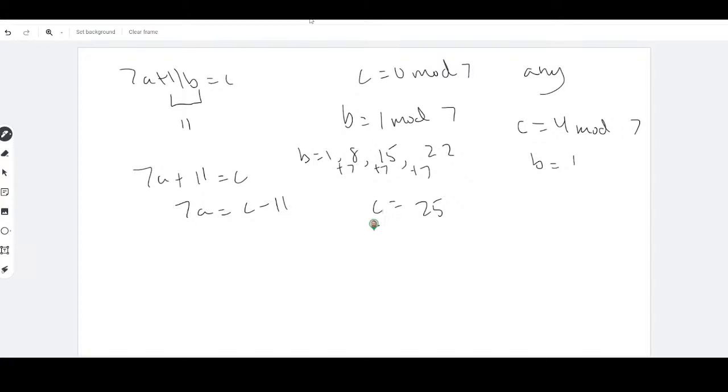If c was equal to 4, then we have 4 minus 11 on this side, and you see that on the right side it's still 0 mod 7. And by the way, you can still take negative integers mod something.